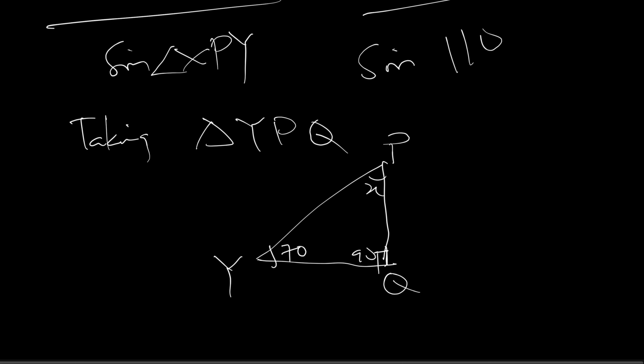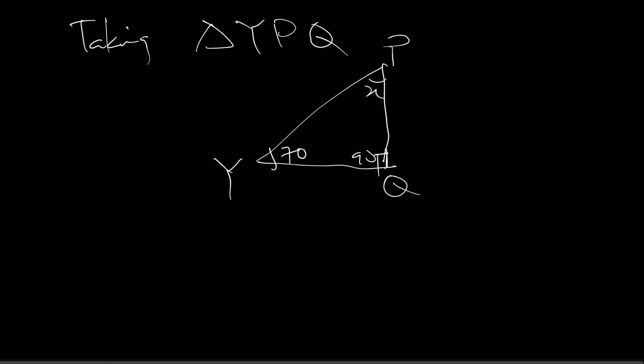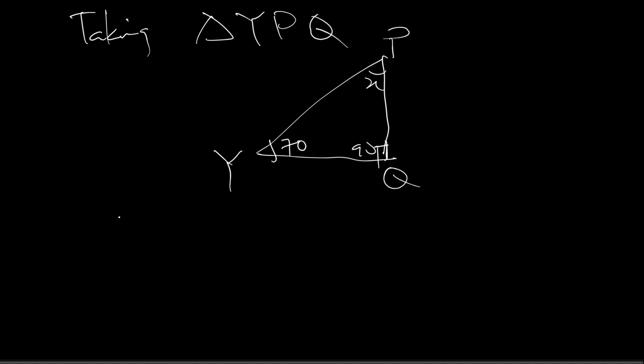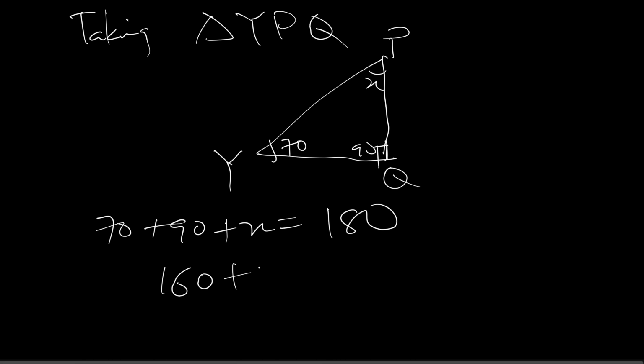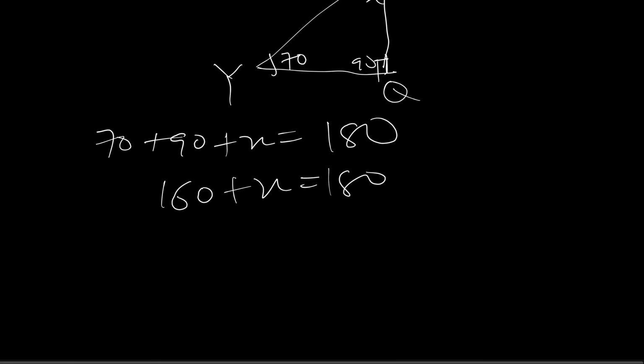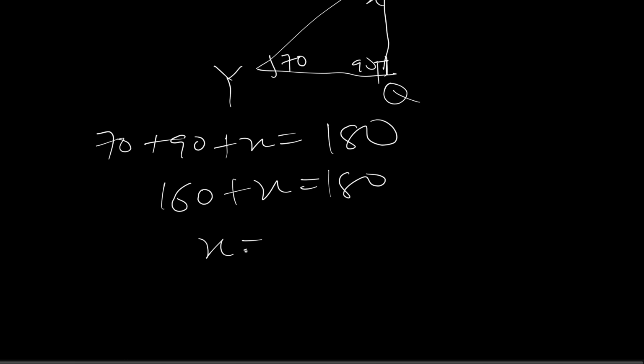Now the sum of angles in a triangle is equal to 180. So 70 plus 90 plus x is equal to 180. So 70 plus 90, we have 160, plus x is equal to 180. So when we make x the subject, x is equal to 180 minus 160, which is equal to 20 degrees.